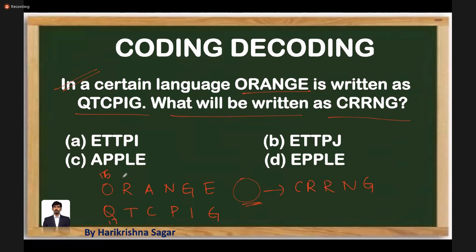What is R? R is the 18th alphabet. T is the 20th. It's also increased by 2. So you can understand each and every alphabet is increased by 2. Something is written as CRRNG. What is that something is the question.